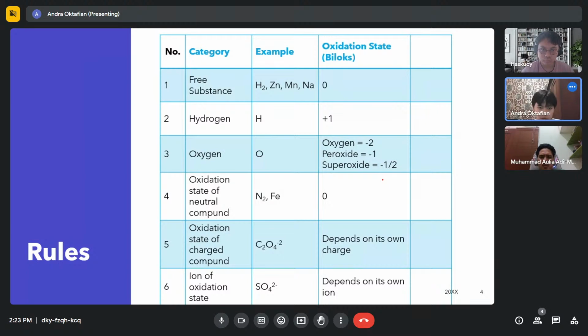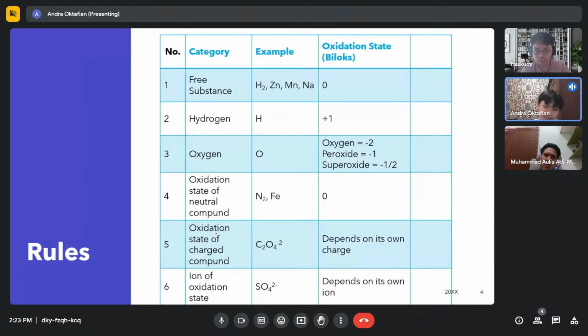And then number four, you see the oxidation state of neutral compounds, like nitrogen and ferro, you just have to write zero. You see in number five, the oxidation state of charged compounds.